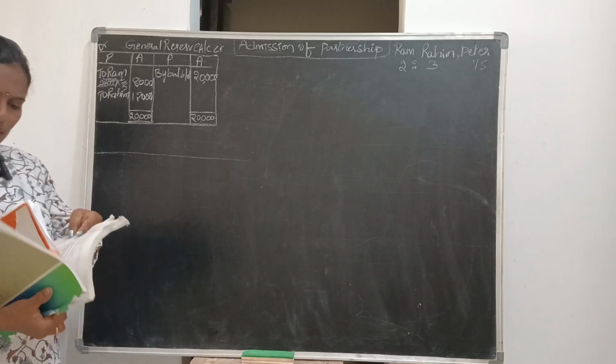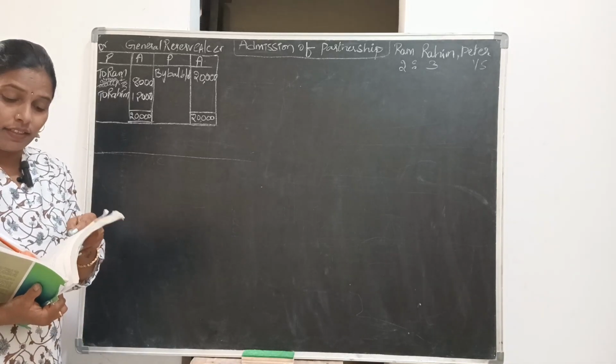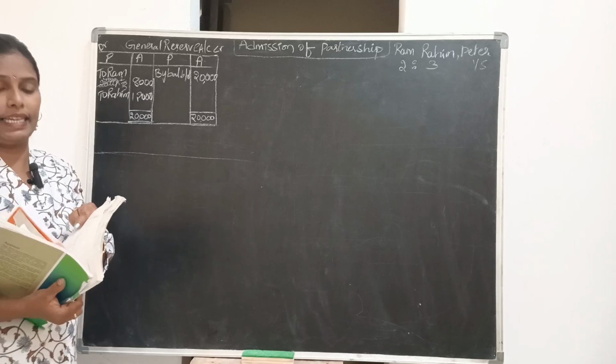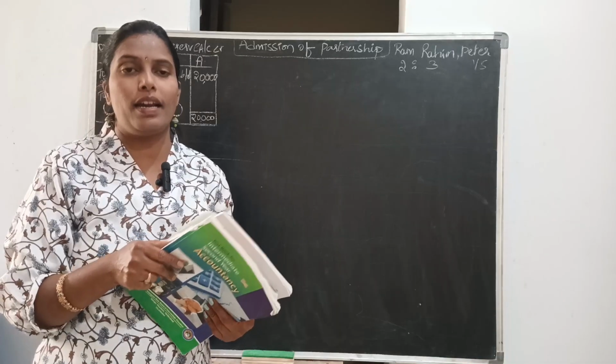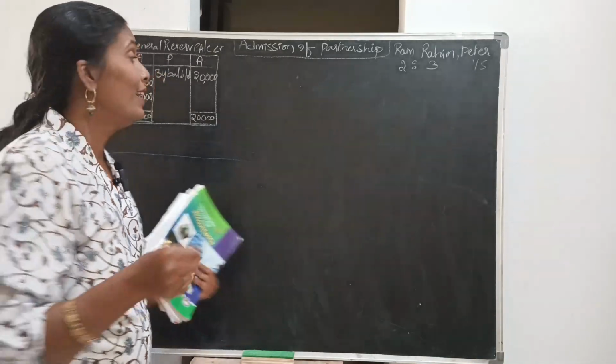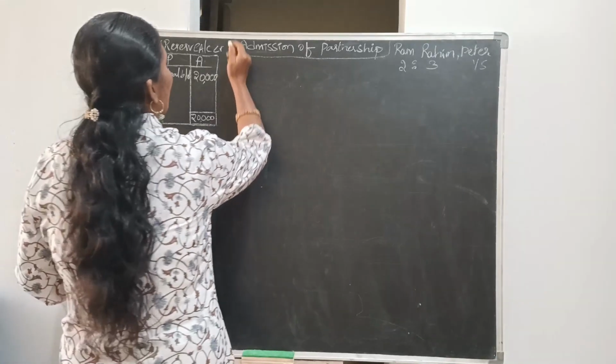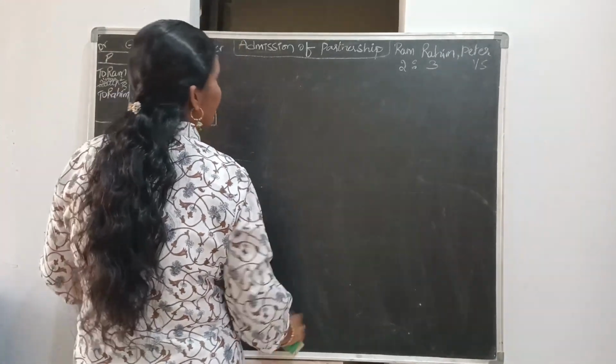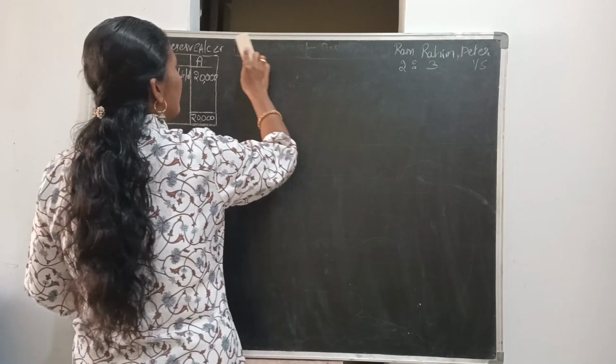Now, coming to the liability side, P&L account is there, which is 10,000. Undistributed profits are 10,000. So, prepare. I'll remove this.